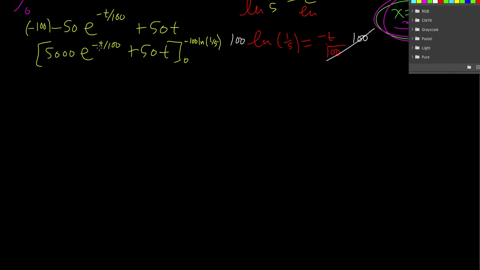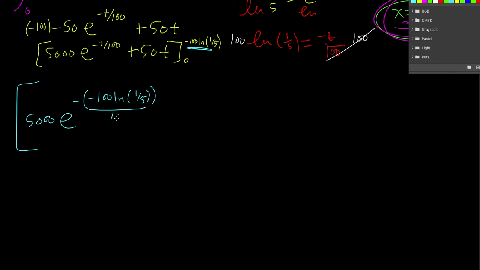So we need to plug this in. Just plugging in this value, I'm going to get 5,000 e to the negative 100 natural log of 1/5, and that is all over 100, plus 50 times negative 100 natural log of 1/5.